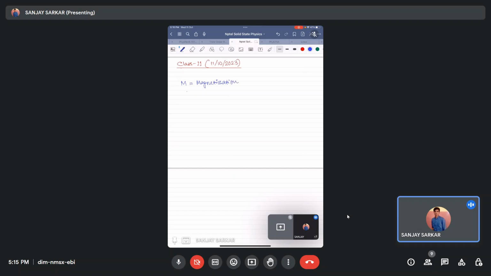Then you know about chi. Chi is called magnetic susceptibility. So in this context we will call it magnetic susceptibility. And then H is the strength of the applied magnetic field. So these are the notations used for this chapter.